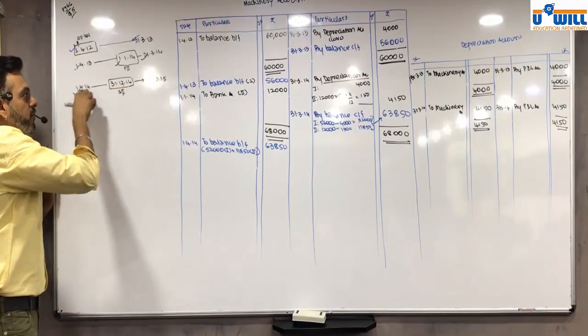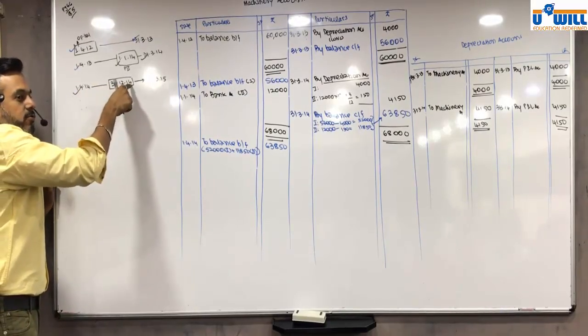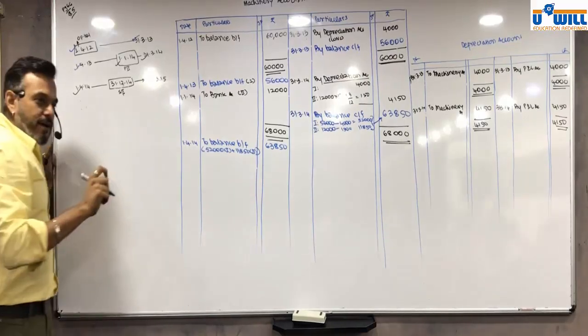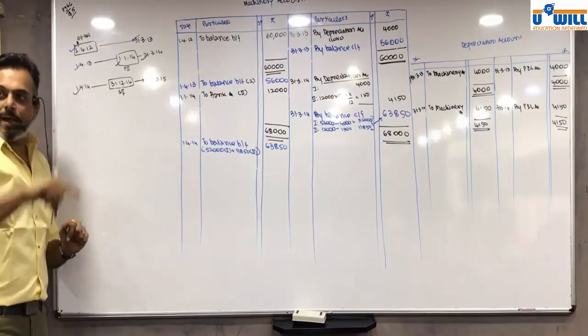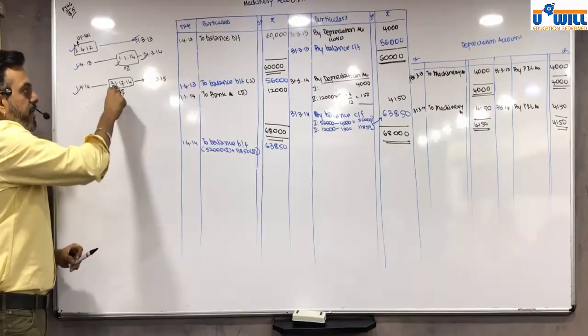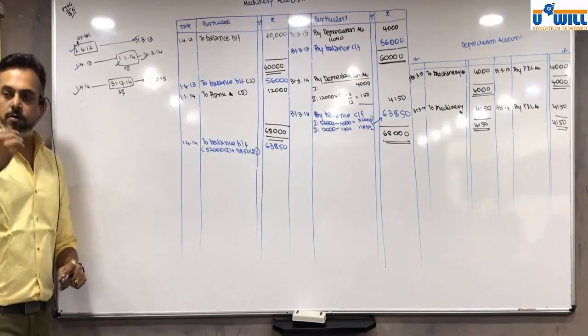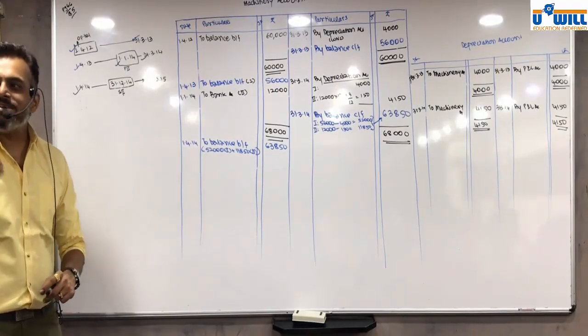So how long have we used this machine? 1/4/14 to 31/12/2014. How many months? No, 8 is a wrong answer. 9 months. See, how 9 months? Don't do it directly, count manually. It is 1/4, so full April. It is 31/12, so full December. So April, May, June, July, August, September, October, November and December.